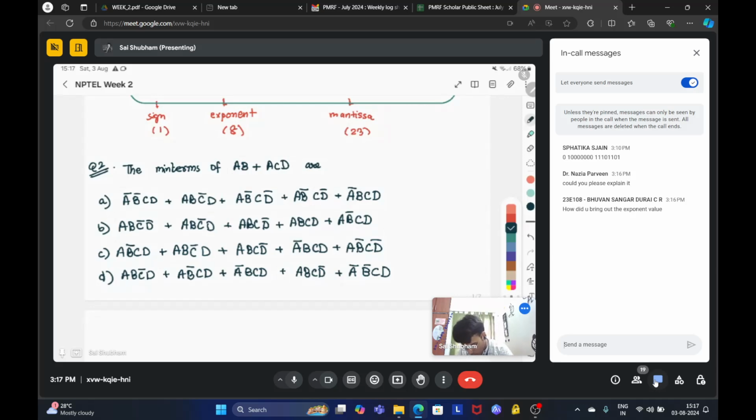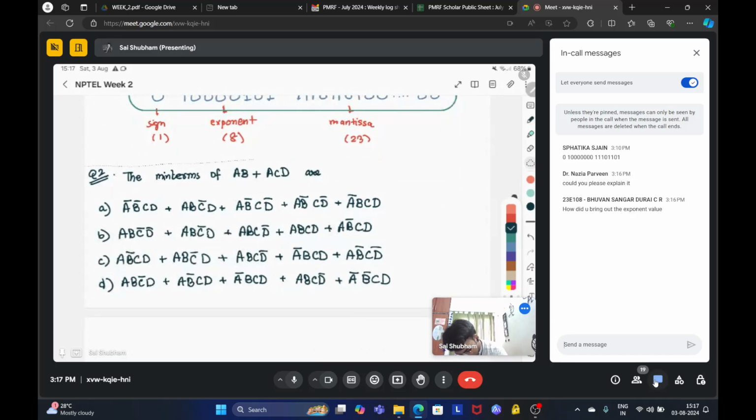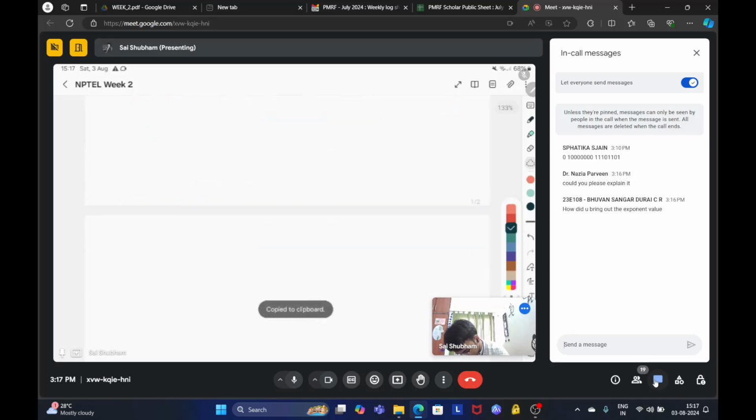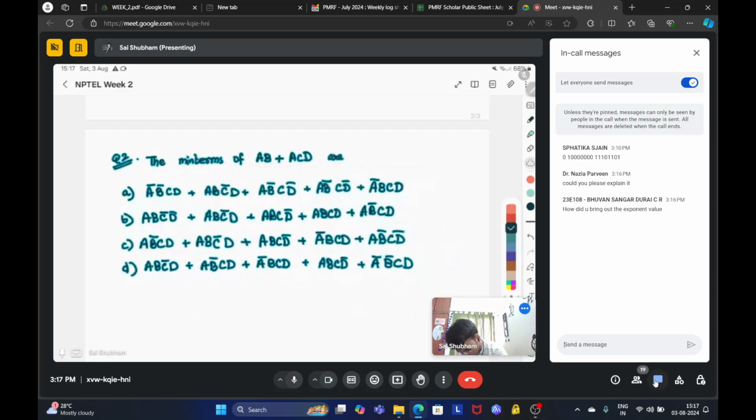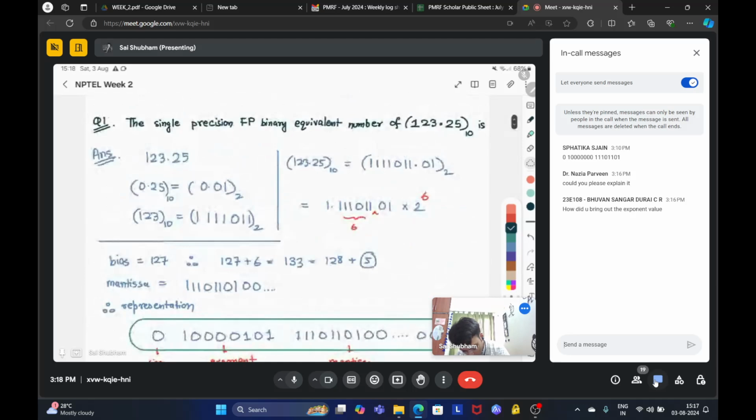So I will explain this. The question you are asking, how did I get the exponent part?